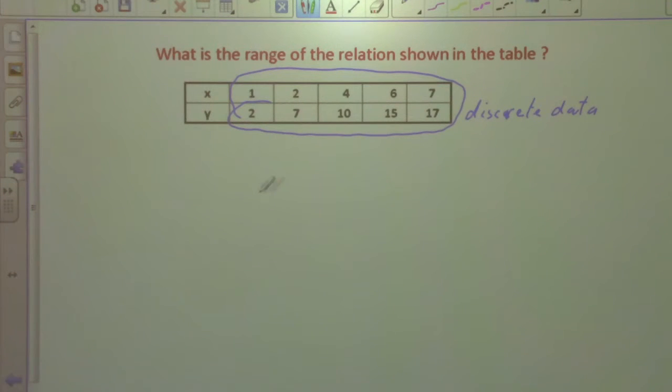So how are we going to represent the range of this? Set notation. That's what I would use.